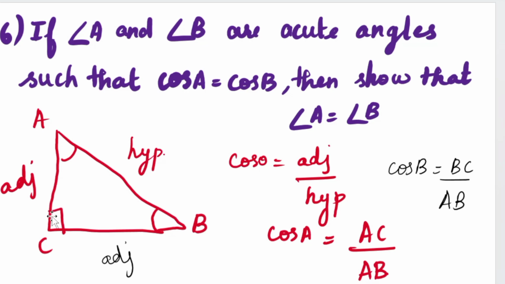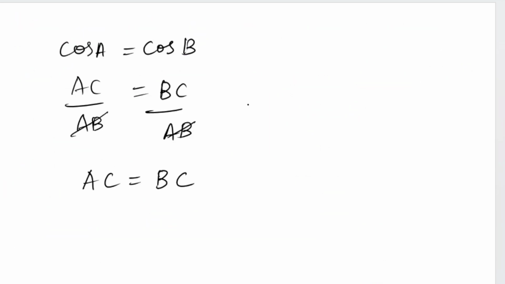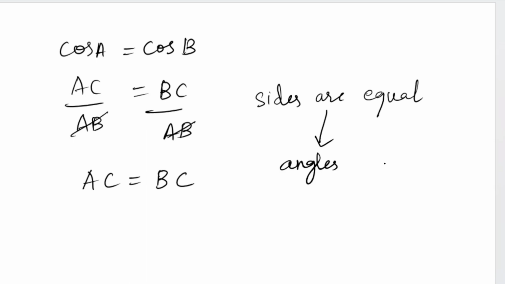So, which is the angle which is opposite to this side AC? The angle which is opposite to AC is B, right? And the angle which is opposite to BC is A. We would have already learned that if the sides are equal, the angles which are opposite to the sides are also equal. If you don't know this, please learn this. When two sides are equal, the angles opposite to the sides will also be equal.